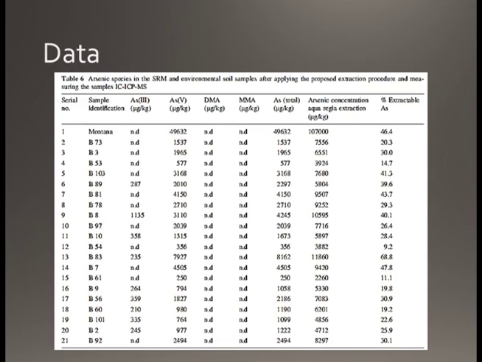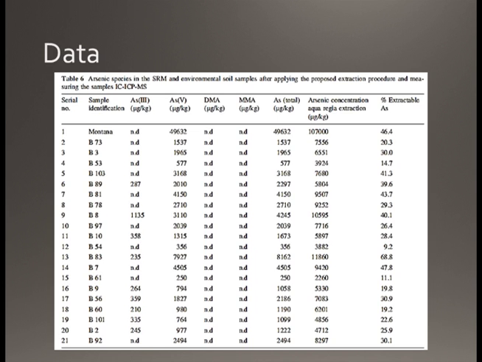So moving on to our data and results. Table 6 here shows the Montana sample as well as the 20 Bangladesh soil samples, and this table reports the concentration of each arsenic species in each sample as well as the percent recoveries.